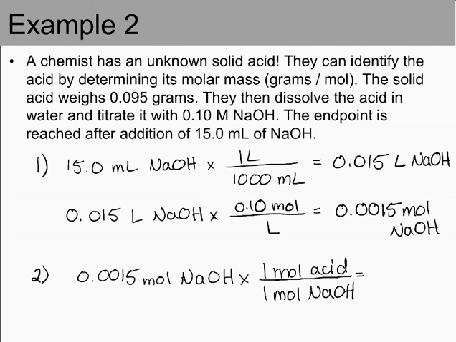So that means we have the same number of moles of acid. Okay. Now in the last step, we're going to take that number of moles and use it to solve for molar mass, so grams per mole.